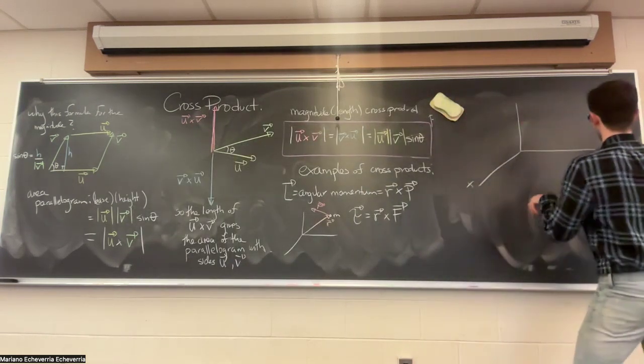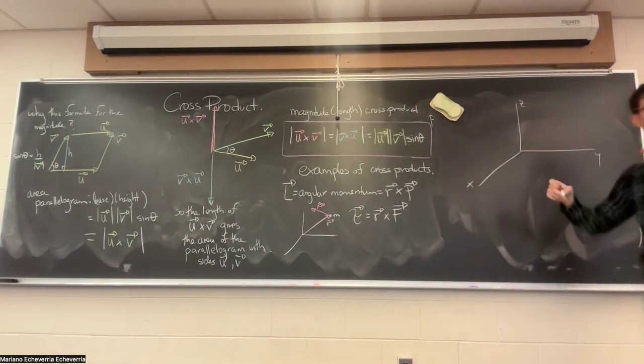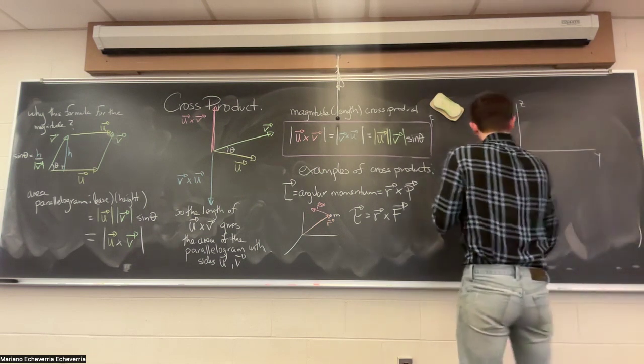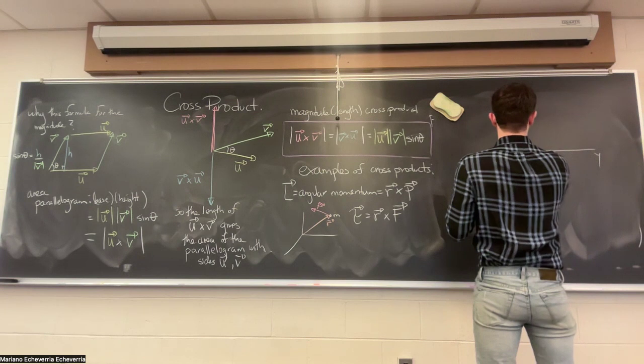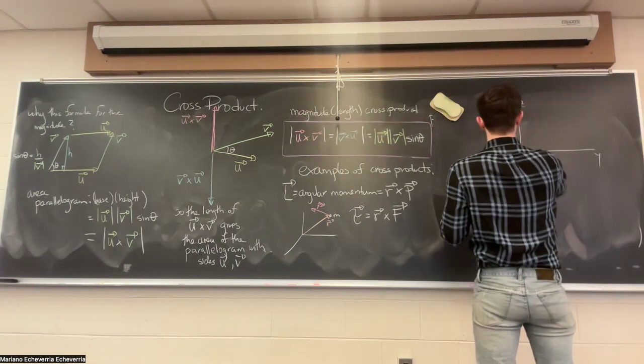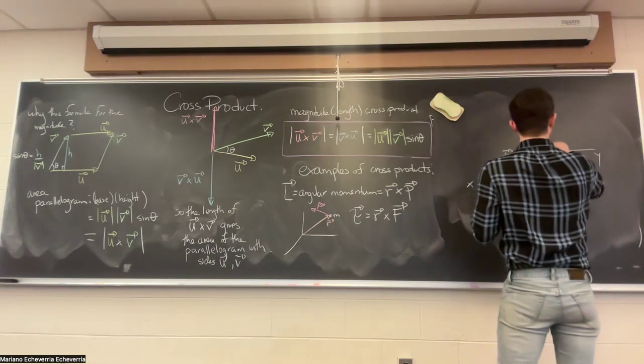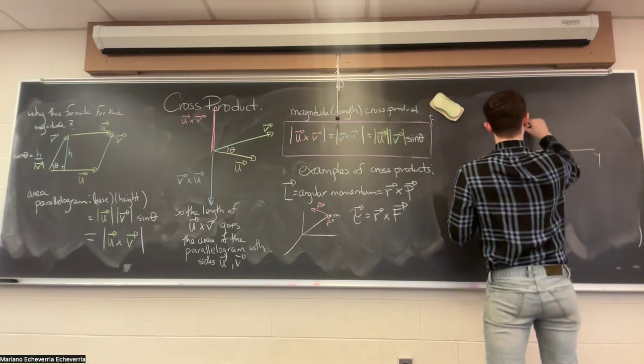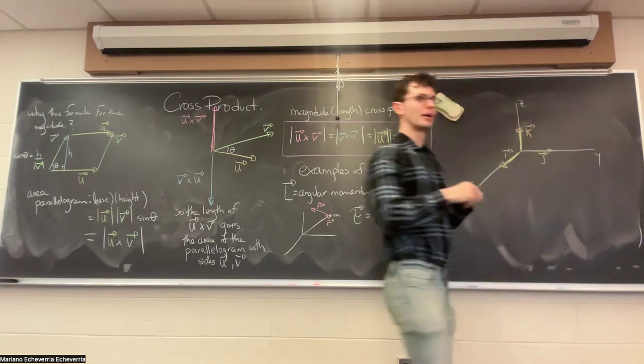When I draw X, Y, Z, why do I always draw it this way instead of placing the axes in a different orientation? Because you have the i vector, here you have the j vector, and here you have the k vector, right?